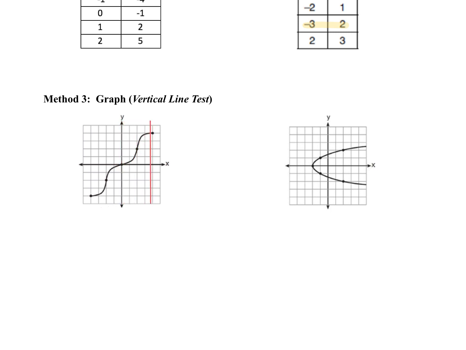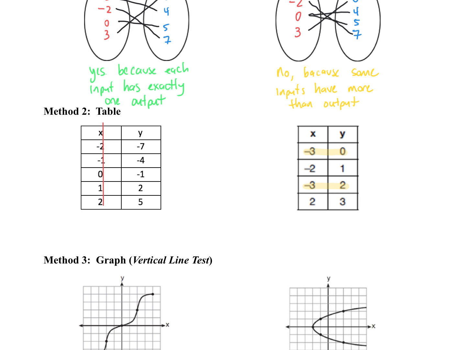And as long as that line only hits the graph in one place at any time, then that is a function. So this passes the vertical line test because no place does it touch that graph in more than one place. But you don't write vertical line test. You write this. This is always the answer to a function question. Either this or this. Those are your only two choices.